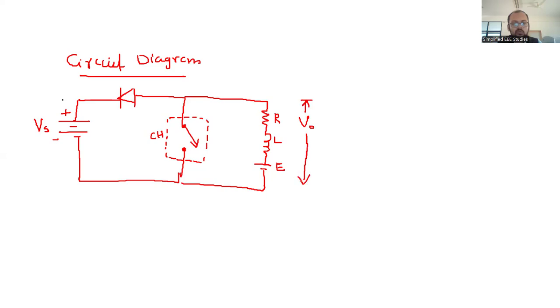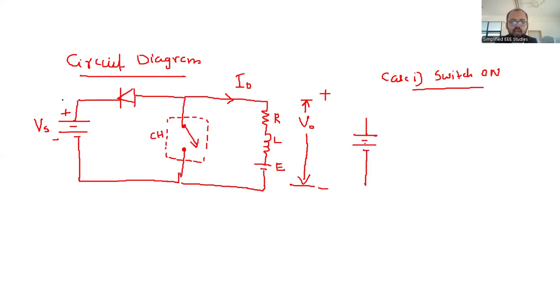So we have I naught. Now, in the first case, the switch is on. This is a chopper converter; it mainly works based on the switching action of a power switch, on and off.